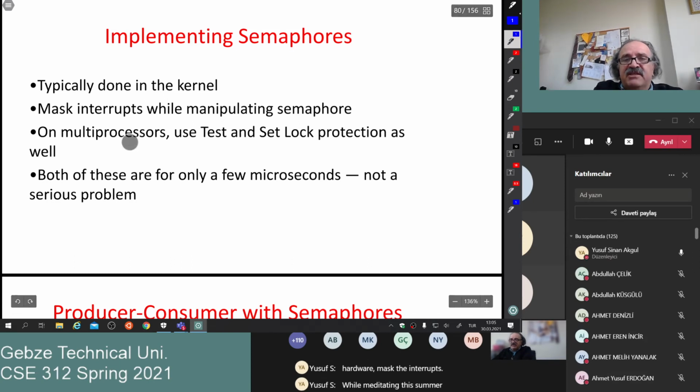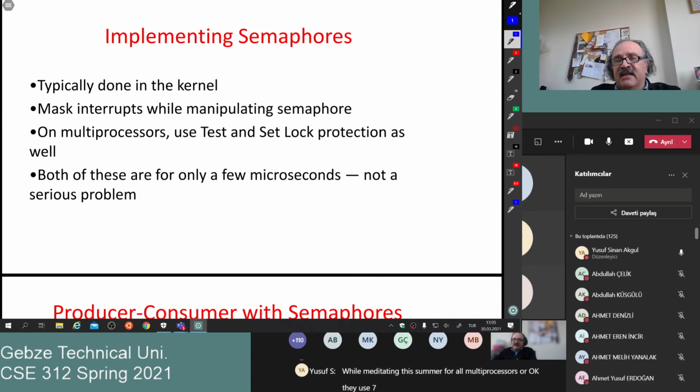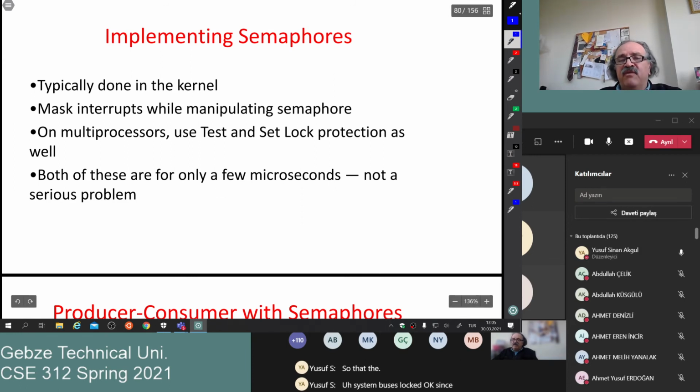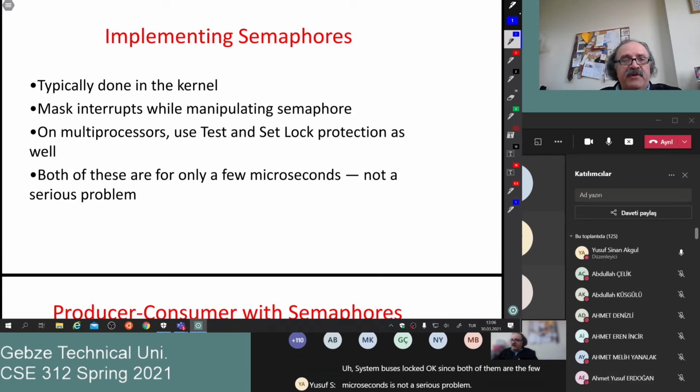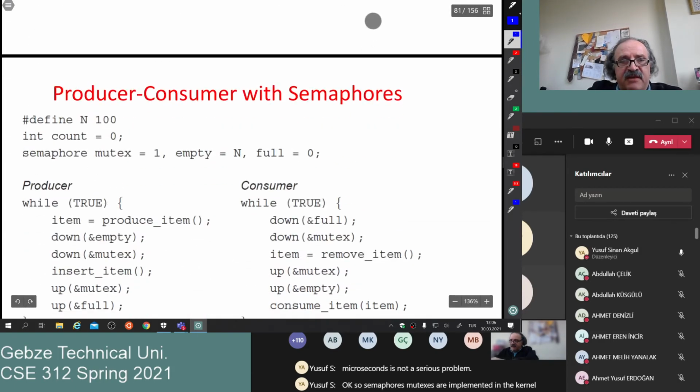On multiprocessors, they use test and set lock protection so that the system bus is locked. Since both of them take only a few microseconds, it's not a serious problem. So semaphores and mutexes are implemented in the kernel with the help of the operating system and hardware.